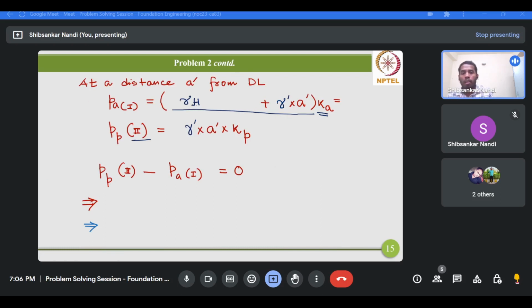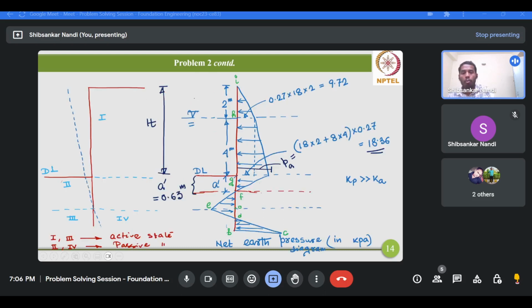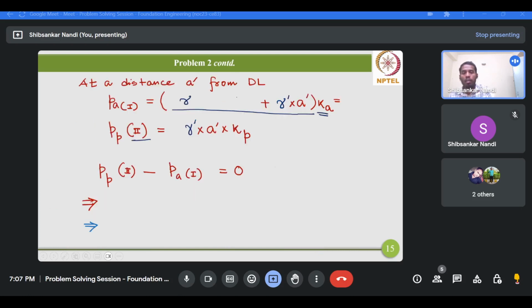Now this gamma H will basically have two components. One is gamma sat up to a depth of 2 meter, that is 18 multiplied by 2, plus 8 multiplied by 4, and this is also 8.